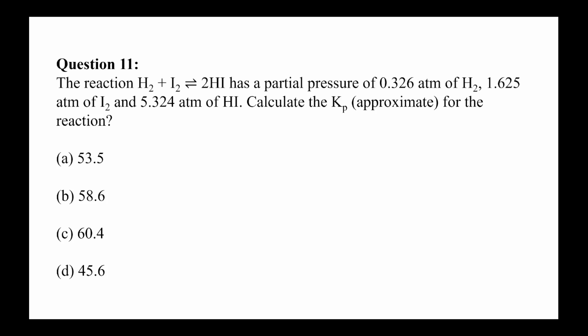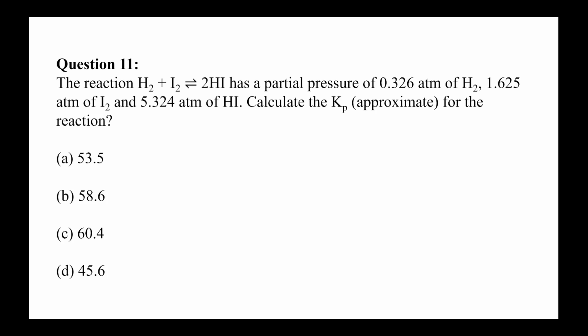The reaction H2 plus I2 goes to 2HI has a partial pressure of 0.326 atmosphere of H2, 1.625 atmosphere of I2 and 5.324 atmosphere of HI. Calculate the equilibrium constant for the reaction. So the partial pressures of the reactants and product are given.